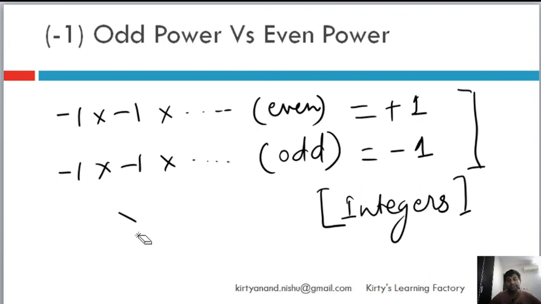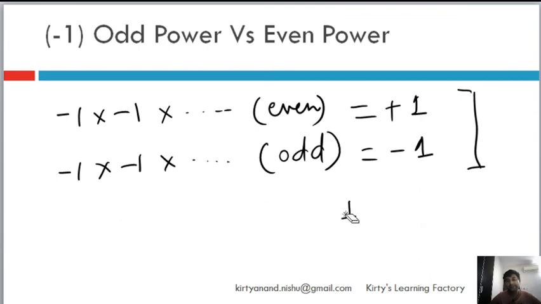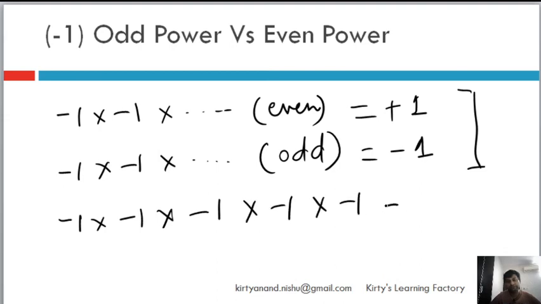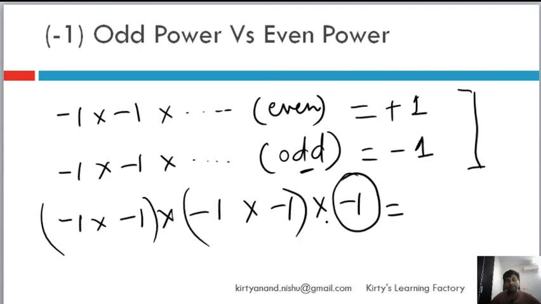And it gives me a very clear picture. Let's say that I multiply -1 5 times: -1 into -1 into -1 into -1 into -1. This is 5 times, which means odd number of times, which means the result is going to be -1. Why? Because this is going to be +1, this is going to be +1, and then the remaining -1 into -1 will make it -1, right?